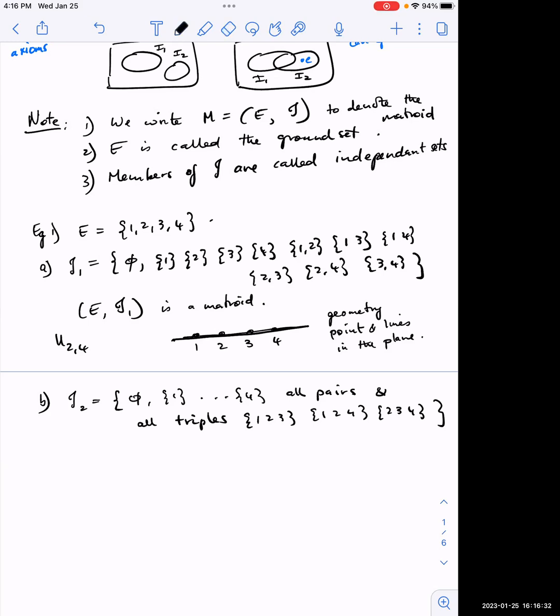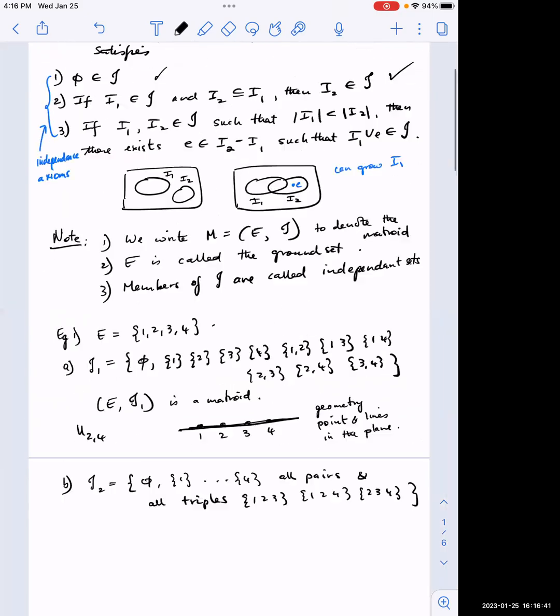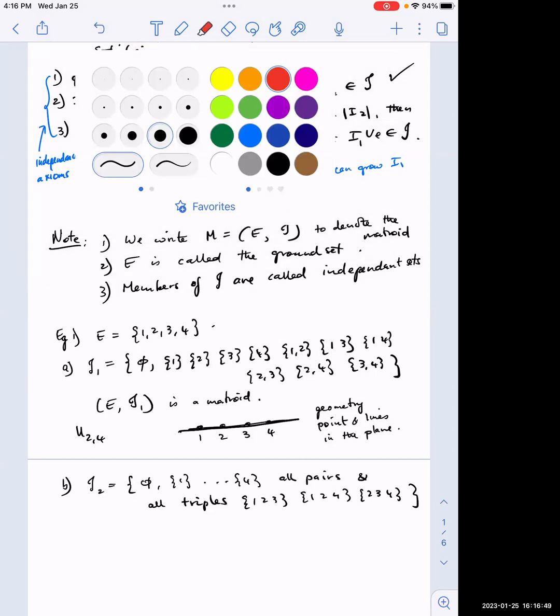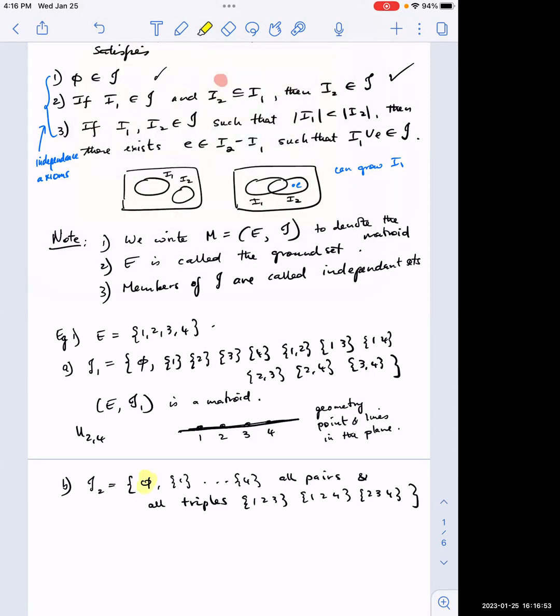So here we have all triples, and once again they satisfy the 3 matroid axioms. The empty set is very much in it. Every pair of points, all the triples. So they satisfy 2 and 3.